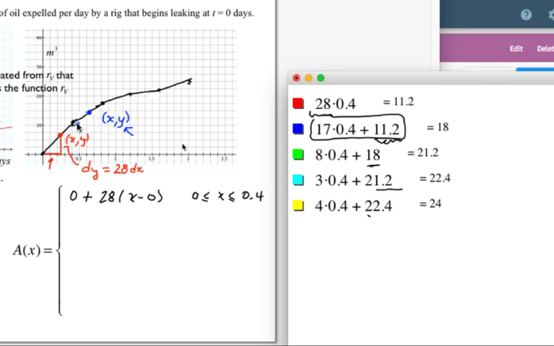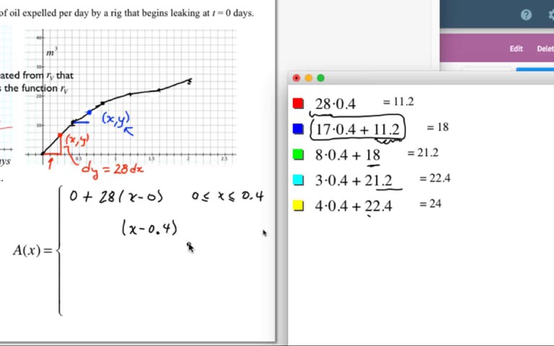I'll give you a hint: dx. And so now what is this dx? That's 0.4 plus, or actually, x minus 0.4. Good. x minus 0.4.